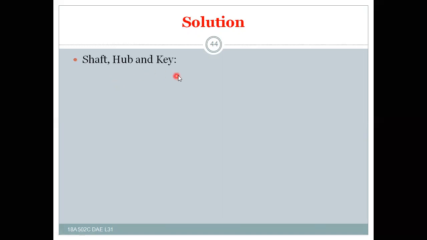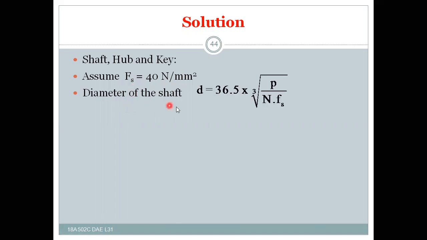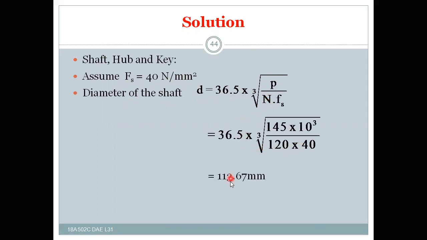Then the shaft, hub, and key design. For the shaft, assume Fs is equal to 40 Newton per mm square, where Fs is the shear stress. So the diameter of the shaft D is equal to cube root of 36.5 into P by N Fs. By substituting all the values, you will get the diameter of the shaft as 113.67, that is D is equal to 114 mm.